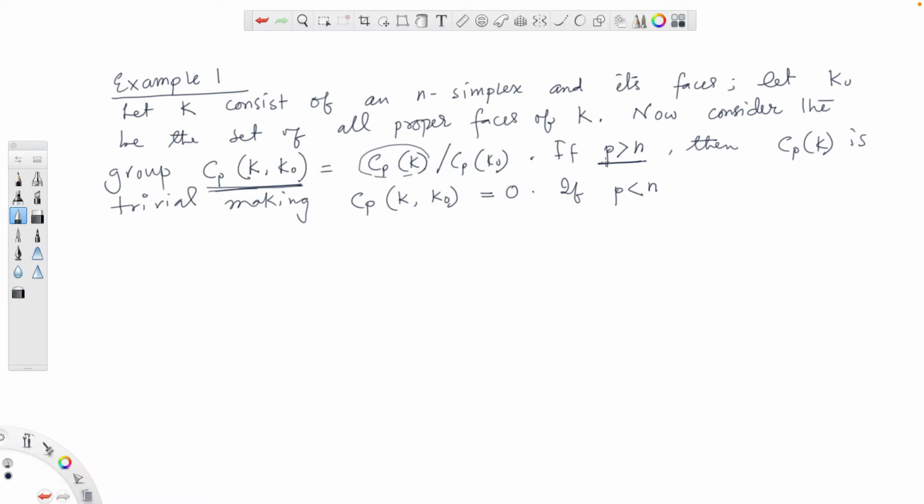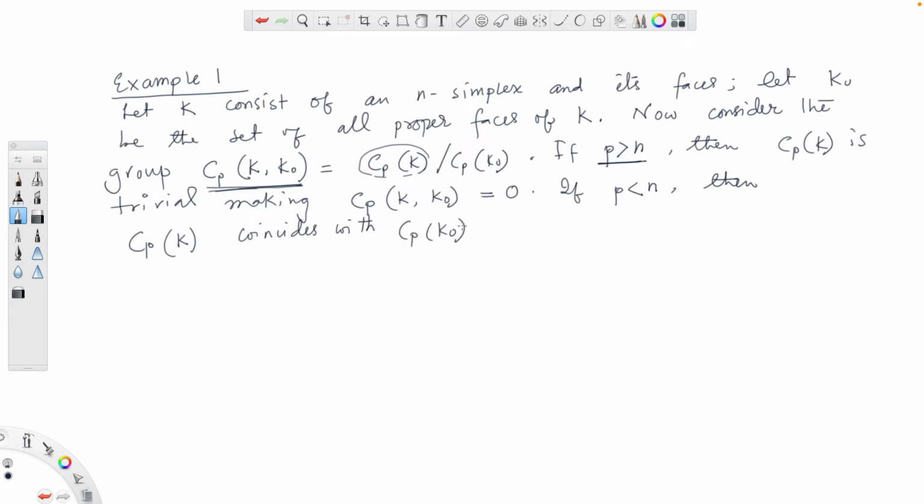Now if p is less than the dimension of the underlying complex K, then it can be immediately seen that C sub p of K coincides with C sub p of K0.